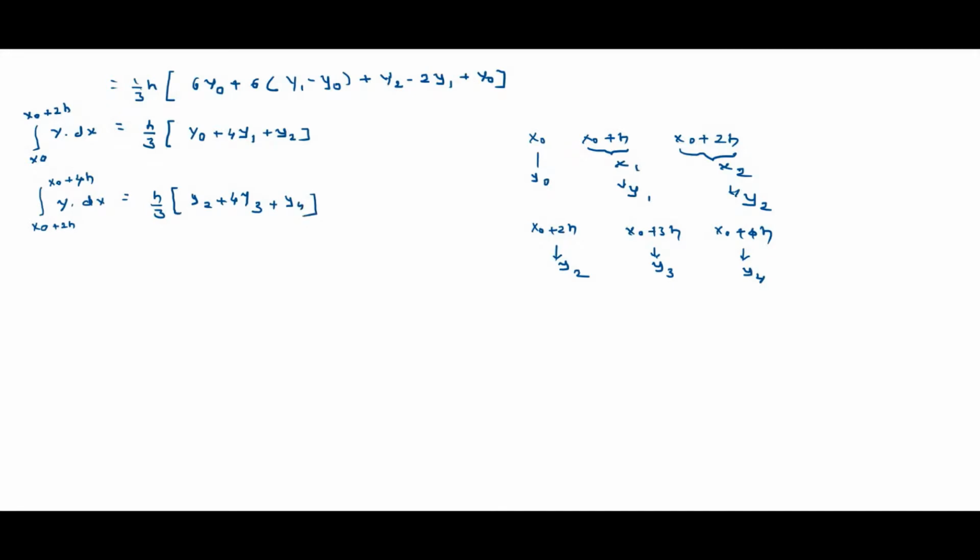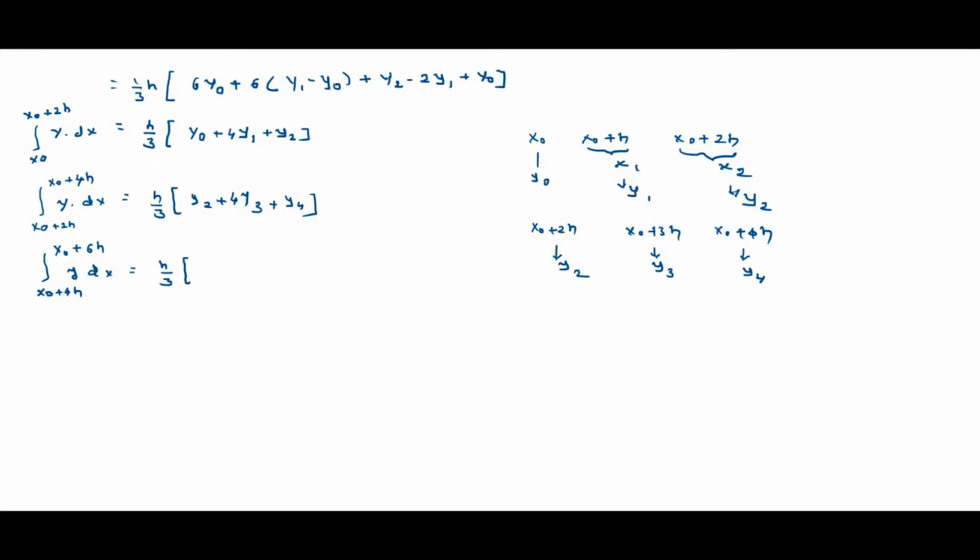Next integration we can write as x0 plus 4h to x0 plus 6h of y into dx, and this is equal to h divided by 3.